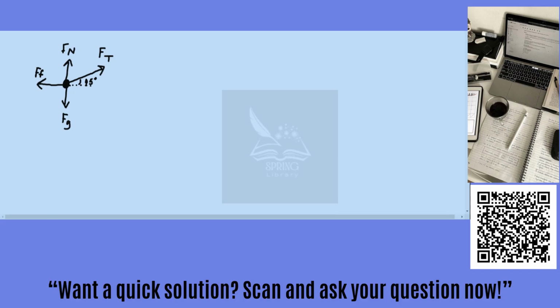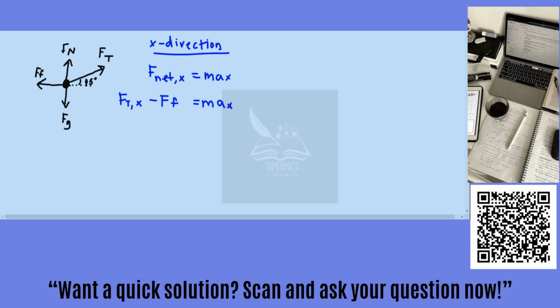So in order to find the acceleration, we're going to need to use our regular force balance equations. Let's start with the x direction. So in the x direction, we have the x component of tension, subtract the friction force.